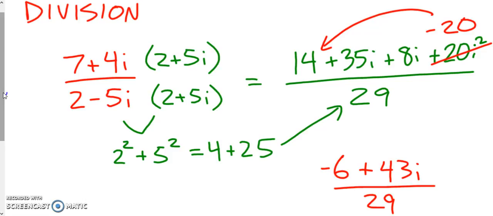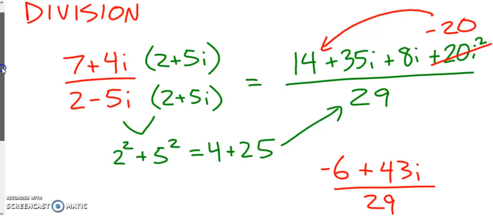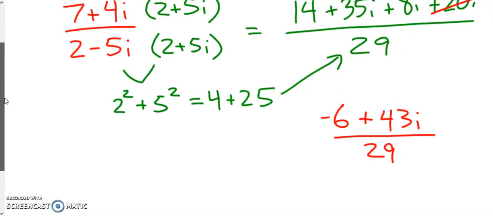Now, this is a picky detail, but I'm going to be picky about it. You've been warned in advance. That's not in standard form technically, because it's not a plus bi. It's not a number plus another number times i. So to put it in standard form, we have to break this apart into two fractions with the same denominator.